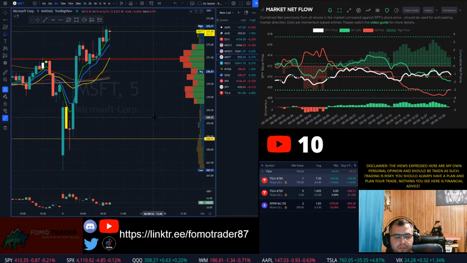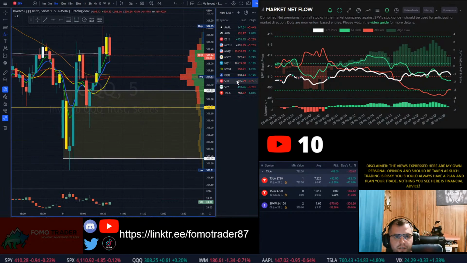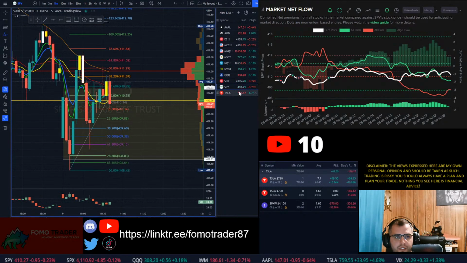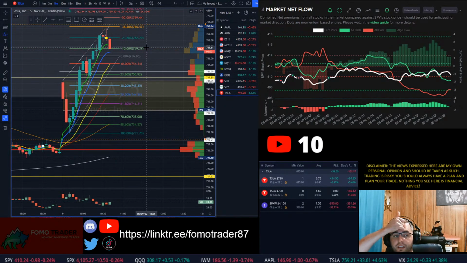Microsoft still trucking away here. Nvidia's moving okay as well. But for the most part, everything else is just rather garbage, and there's that hard rejection on Tesla. Right now, bouncing off the 8 EMA, that blue line.